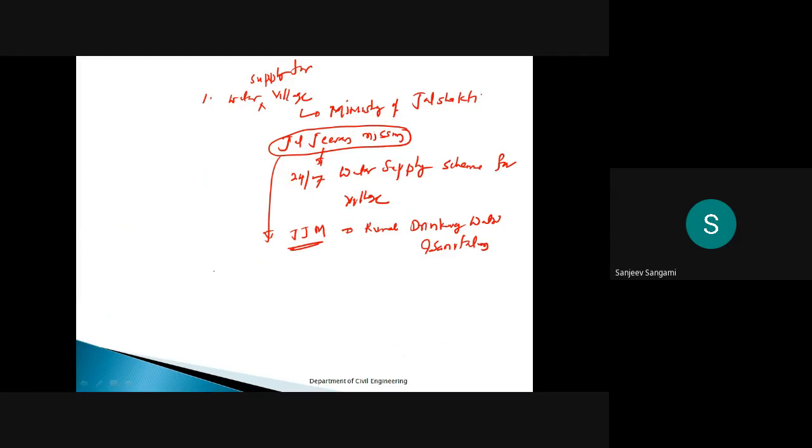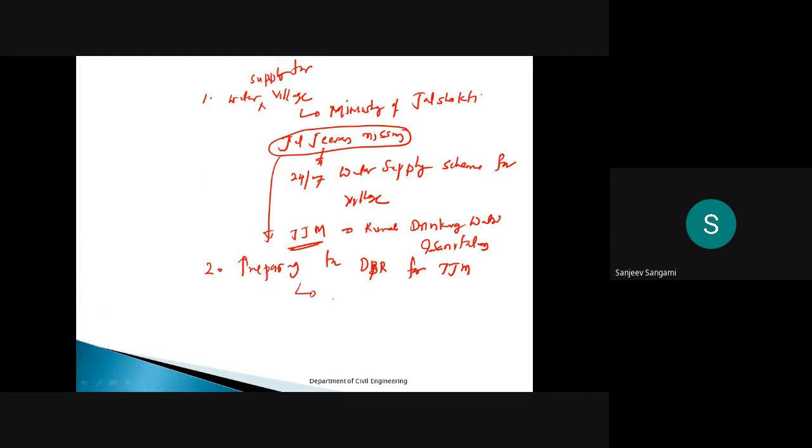The very important and happy news to inform you is that our department is taking these projects for preparing the DPR, the detailed project report, for the JJM.